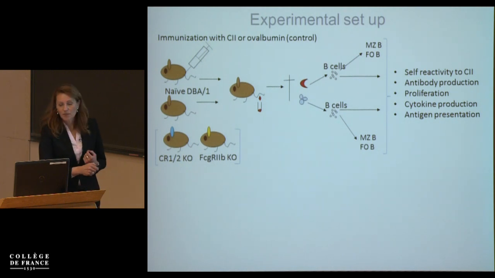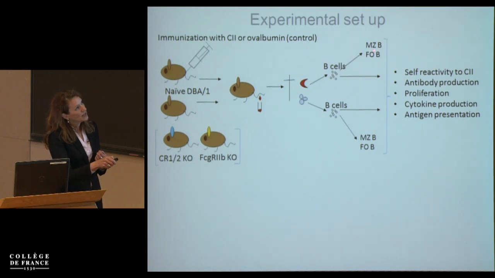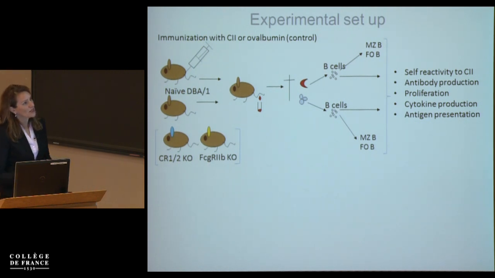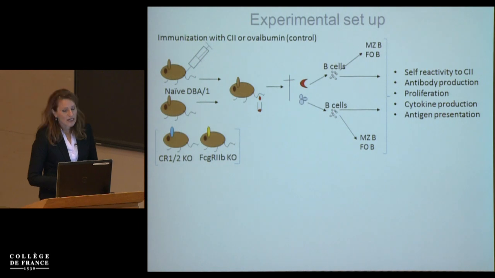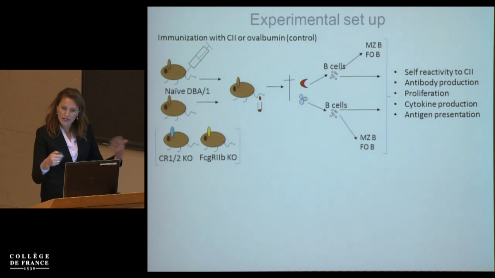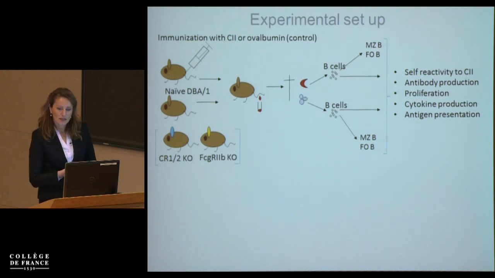We took a blood sample of the mice, and when they were sacrificed, we took out the spleen and the lymph node, and we separated the B cells. From the B cells, we sorted out marginal zone B cells and follicular B cells. These cells were then investigated for self-reactivity to collagen, antibody production, proliferation, that means how many times they divide, cytokine production, and antigen presentation to the T cells.